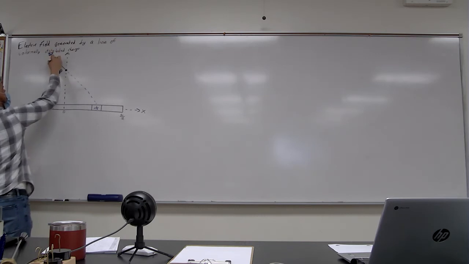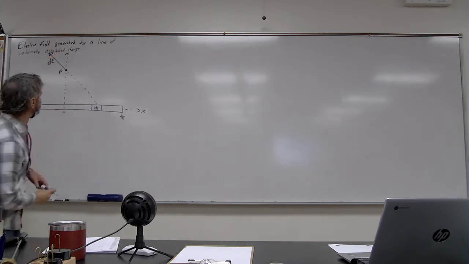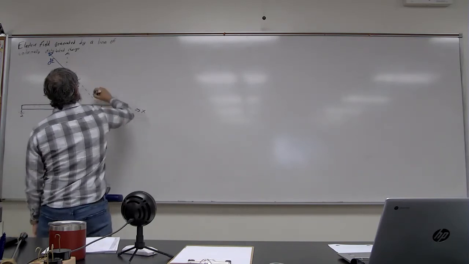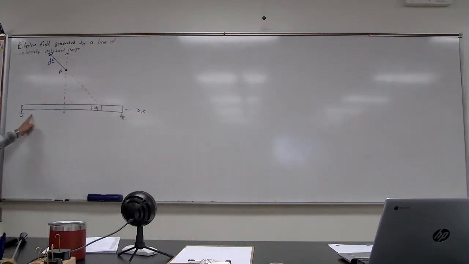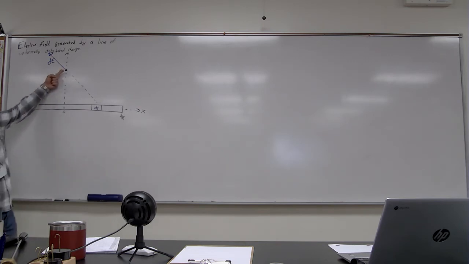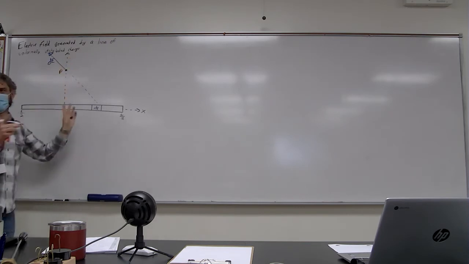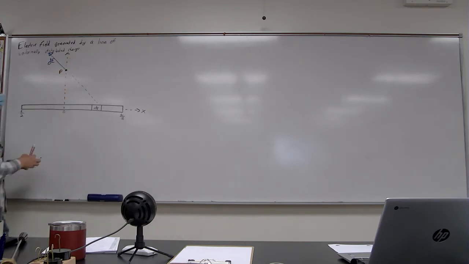That's my electric field dE. But I also have a dq over here, which is going to generate an infinitesimally small electric field dE pointing that way. And that x component and that x component are going to cancel. And so I can make the statement by symmetry.